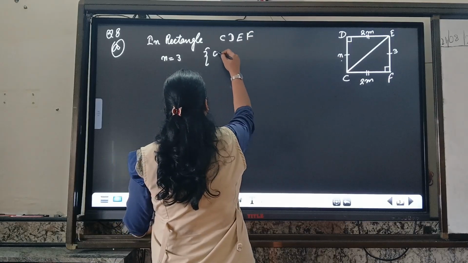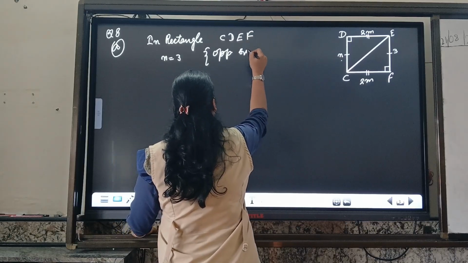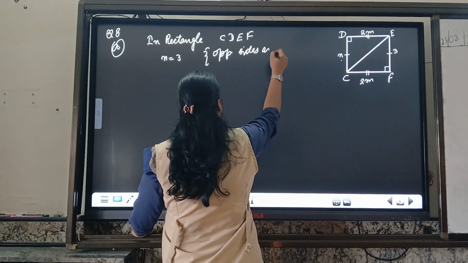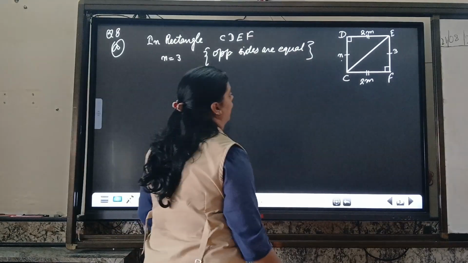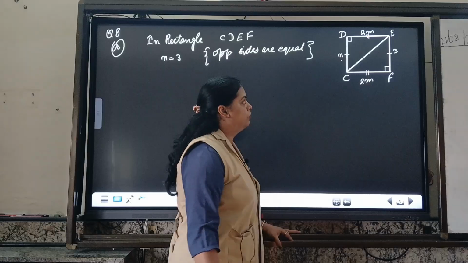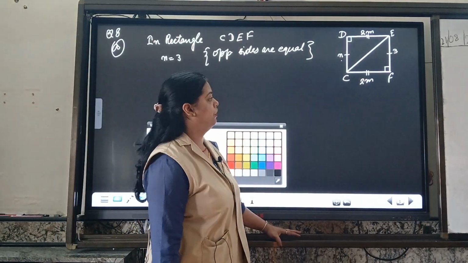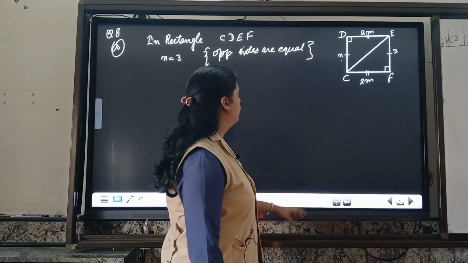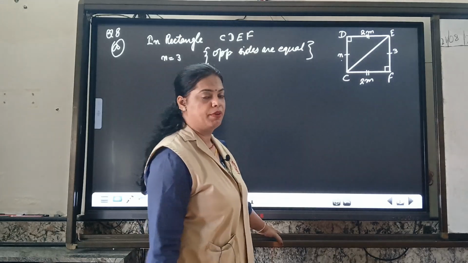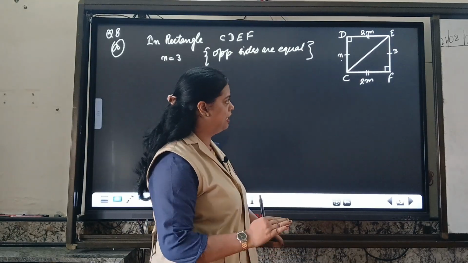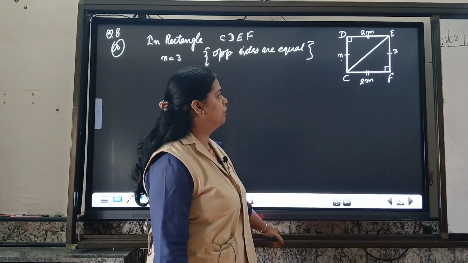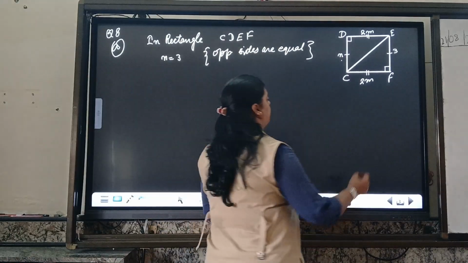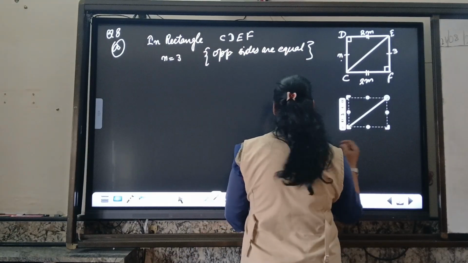Reason: opposite sides are equal because it is a rectangle. And we have to find the value of 2m. But how can we find the value of 2m? We never know the value of m, and neither side is given, like DE not given and CF is also not given. So what we are going to think is that we have a right angle triangle over there.